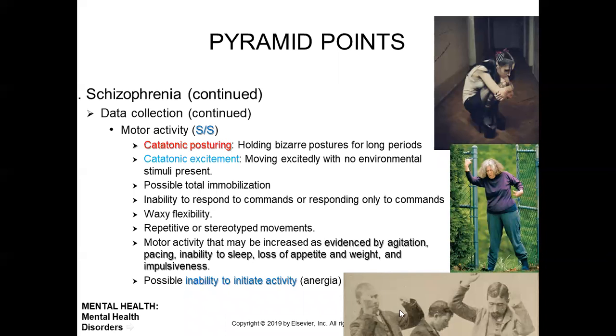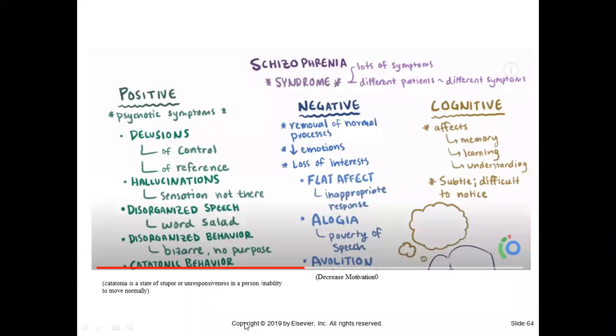Or the picture looks like this, an abnormal bizarre posture. And catatonic behavior means a state of stupor or unresponsiveness in a person, or inability to move normally. We call it catatonic behavior.